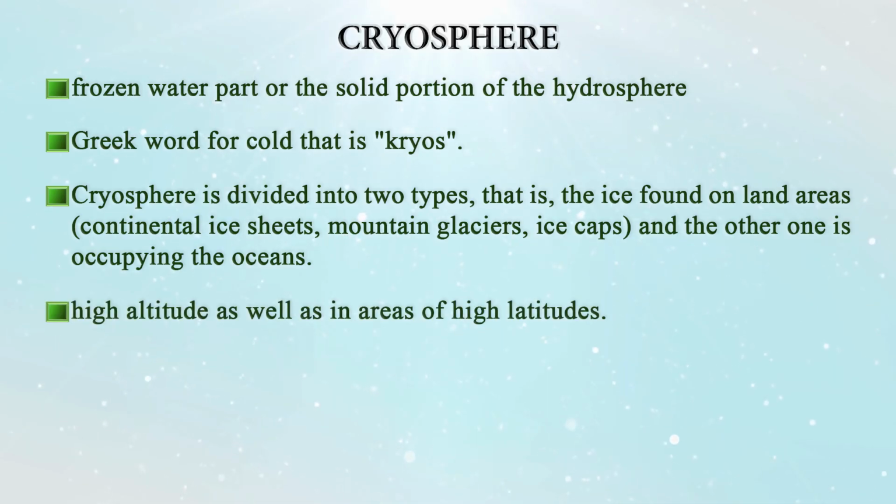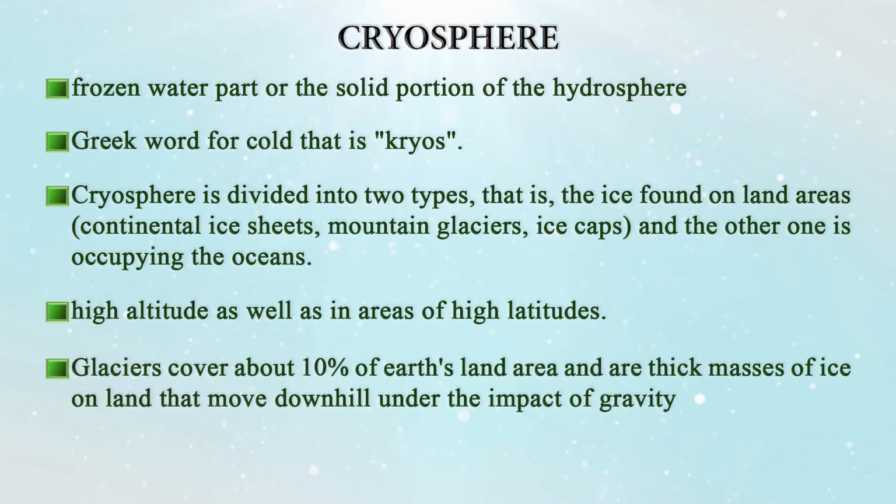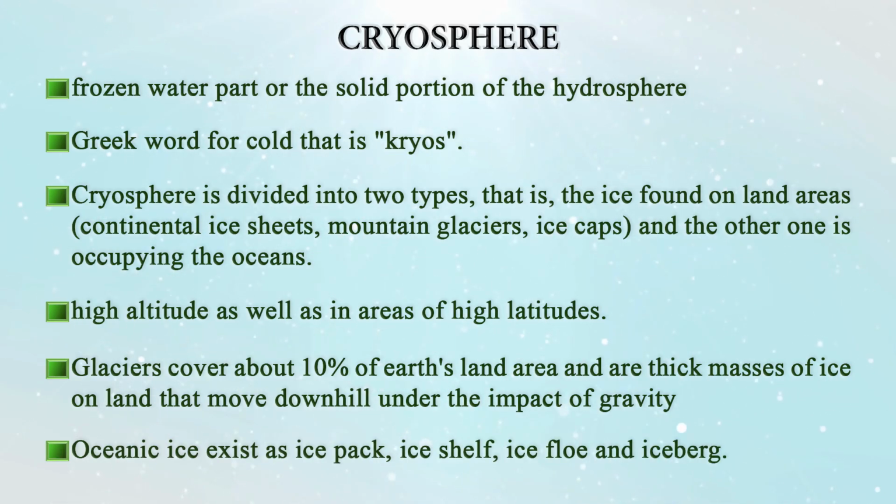So it is found on high latitude areas and also on high altitudes when the temperature drops below freezing point, and so water exists in the frozen or solid form. The continental ice sheets exist in the form of mountain glaciers and ice caps, and oceanic ice exists in the form of ice pack, ice shelf, ice floe, and iceberg.